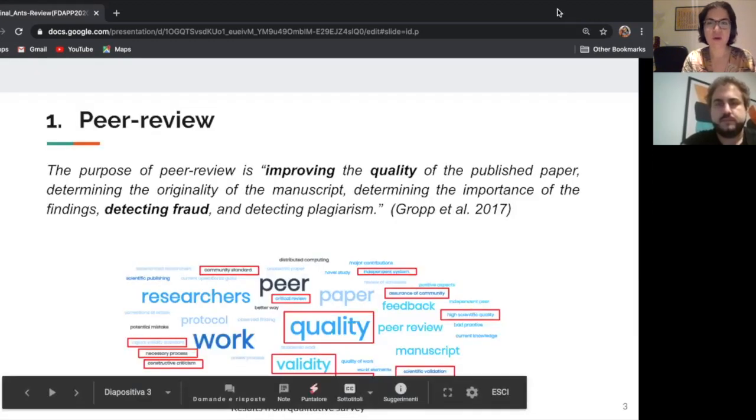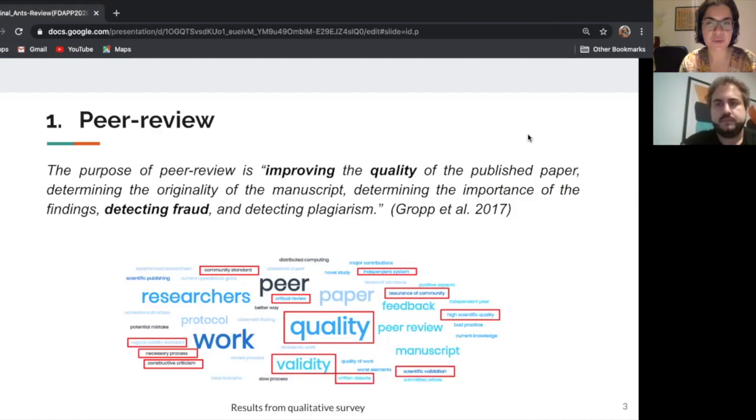As you may know, the peer review process is an essential and necessary process for assessing the quality and validating papers before publication. And here, for example, we report results from a qualitative survey that we ran online among researchers from PhD student level to principal investigators.